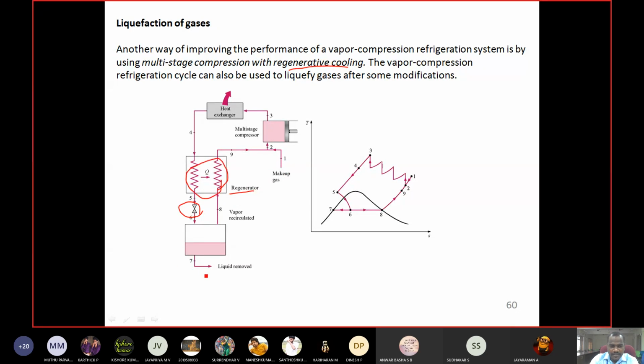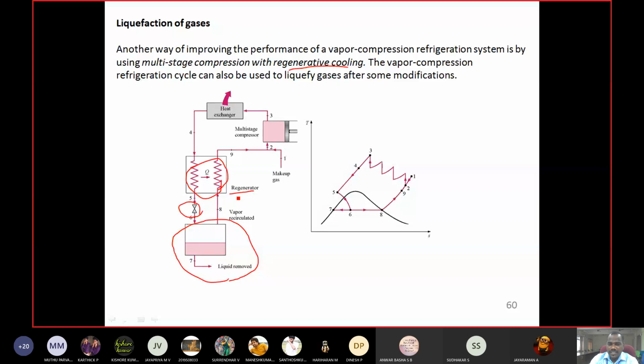The circuit diagram will differ, but the thing is we have to increase the COP of the refrigerator. Liquefaction of gases is also possible with the use of this regenerator.